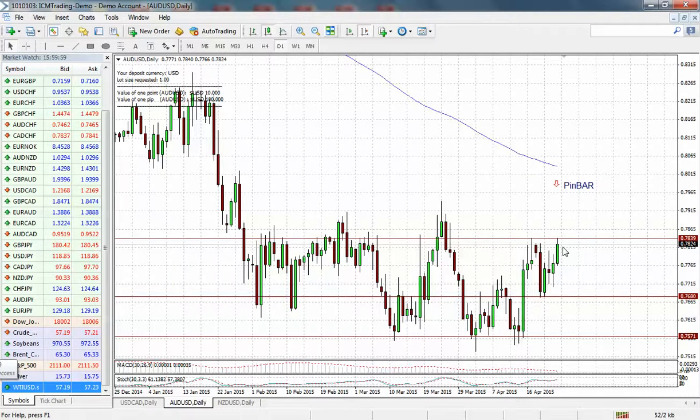One thing I would like to say about pin bars is this, guys. Pin bars are fake breakouts, and a lot of people lose a lot of money because the price will burst through here and come all the way back and create a pin bar. And some people like to play breakouts.